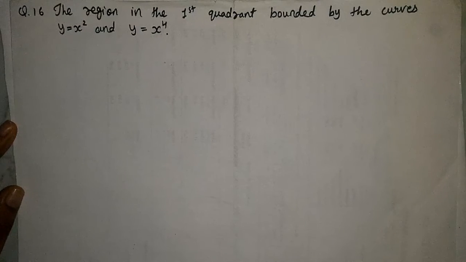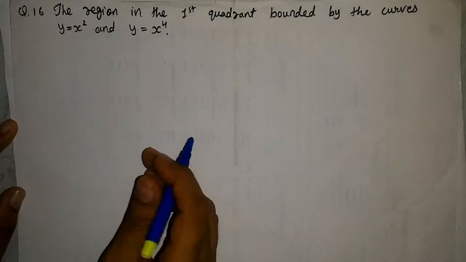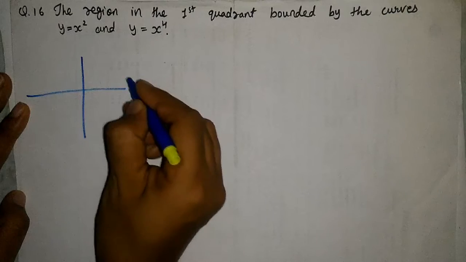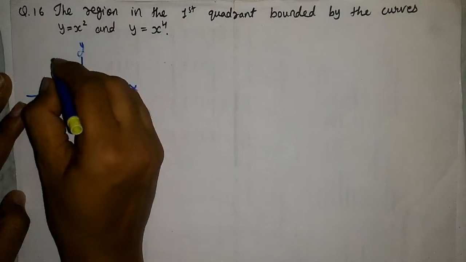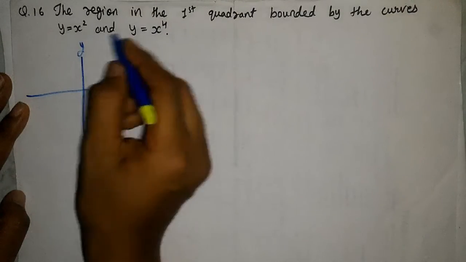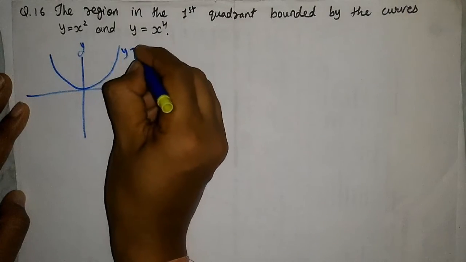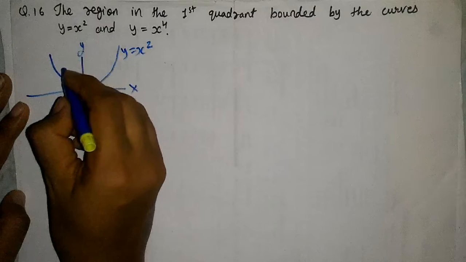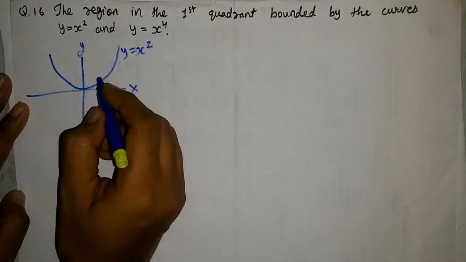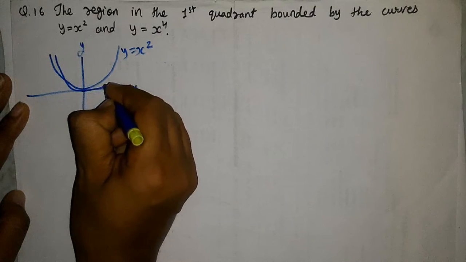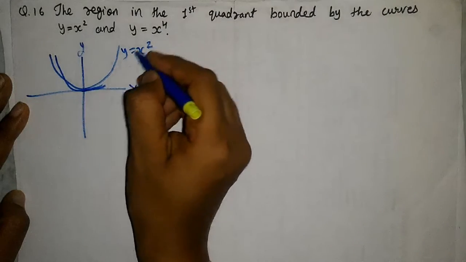So what is our first step? First of all, we have to draw the diagram. So this is the y-axis, this is the x-axis. We have to find the area just in the first quadrant. This will be y is equal to x square, and the other curve will be like this, because y is equal to x raised to 4.